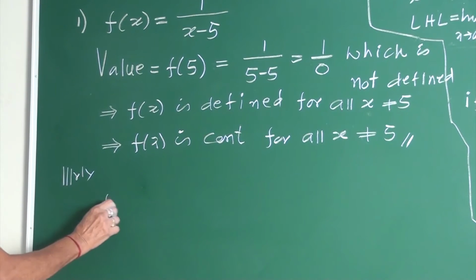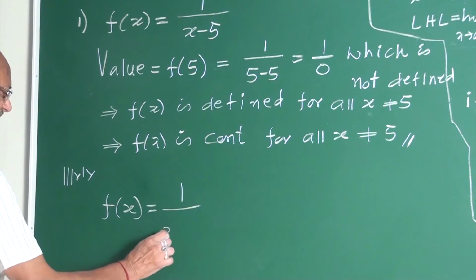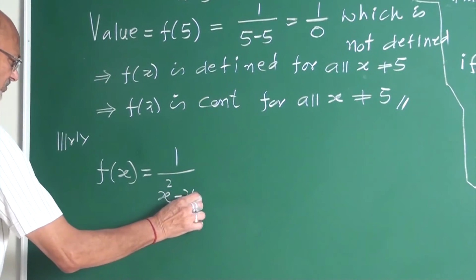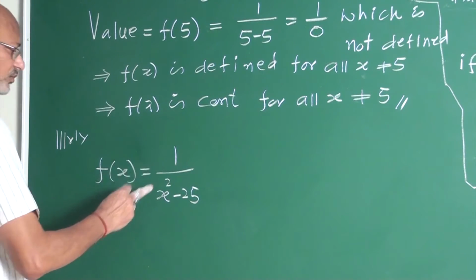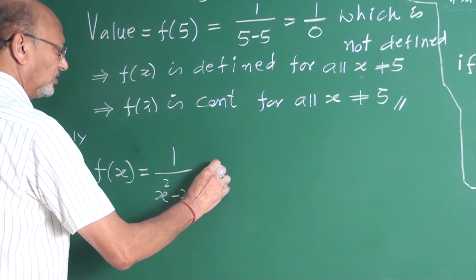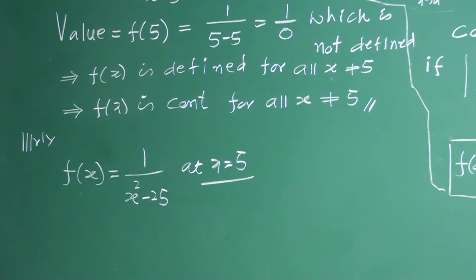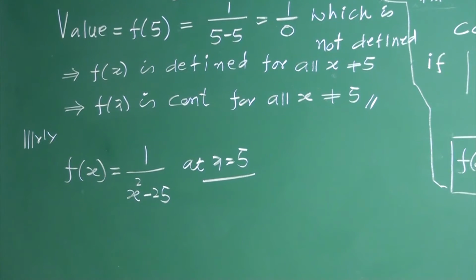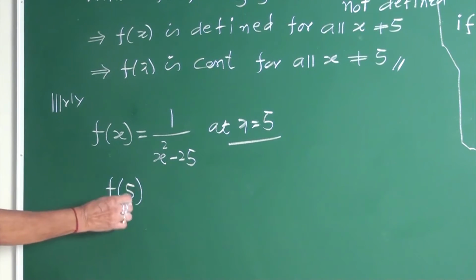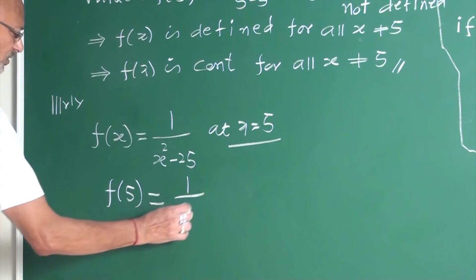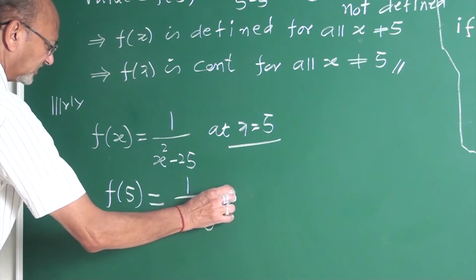Similarly, another function here. Another function f(x) equal to 1 upon x square minus 25 at x equal to 5. Same thing here. The value does not exist at x equal to 5. What about f of 5, my friend? f of 5 is 1 upon 5 square is 25 minus 25. Yes, my friend.